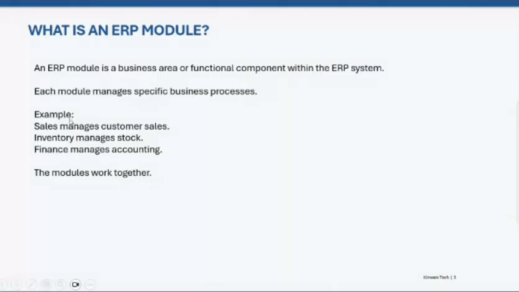A key example is here: Sales usually manages customers' sales. Inventory usually manages the stock. Finance usually manages the accounting area, and that is the simplicity of the modules. So these modules work harmoniously for the success of the business.